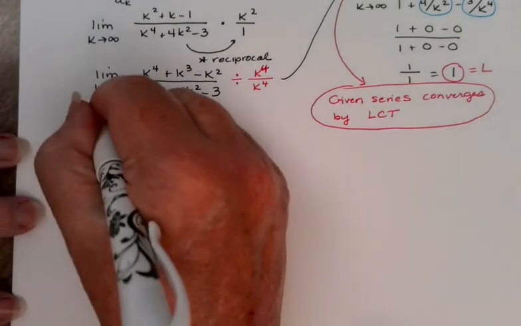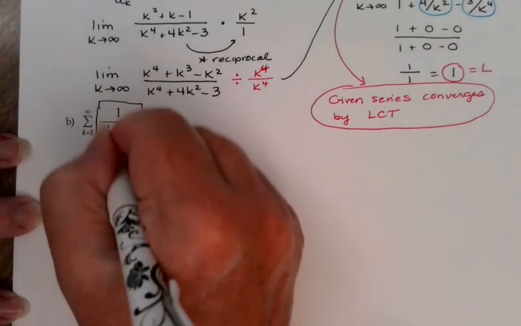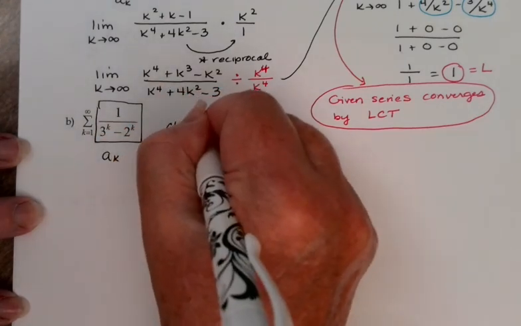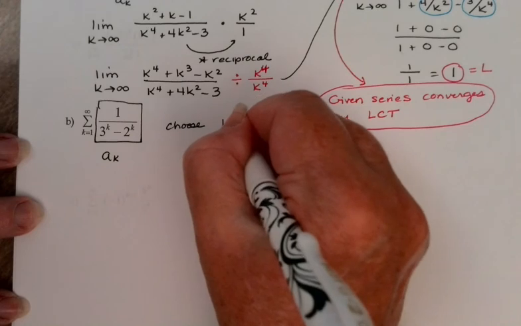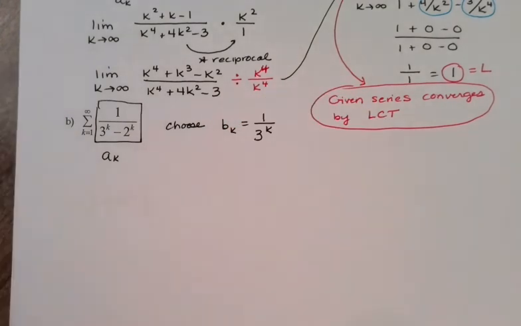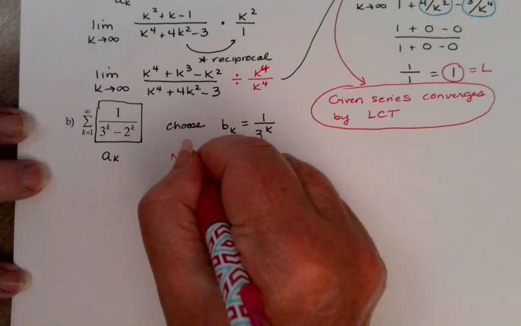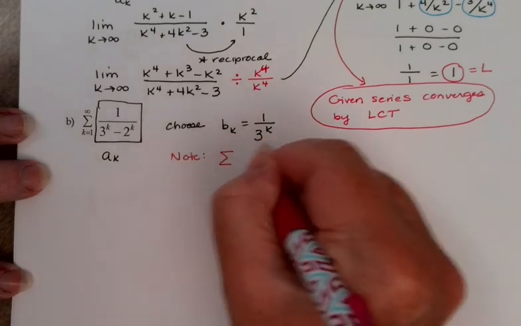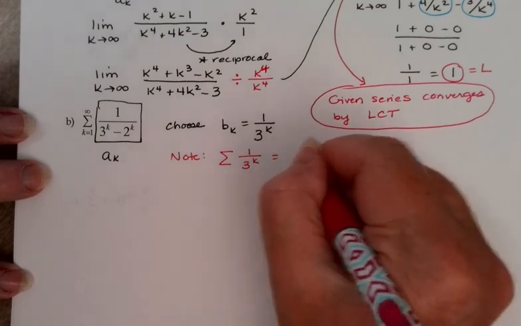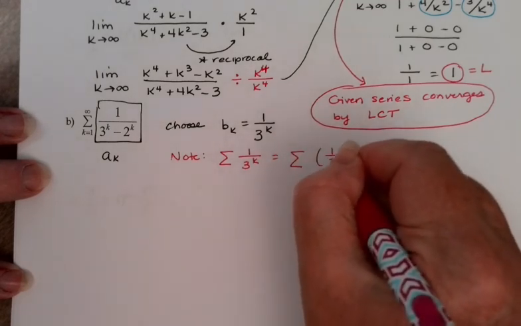Okay? So here's my a case. I'm going to choose b k to just be 1 over 3 to the k. I'll note to myself that series could also be written as 1/3 to the k.